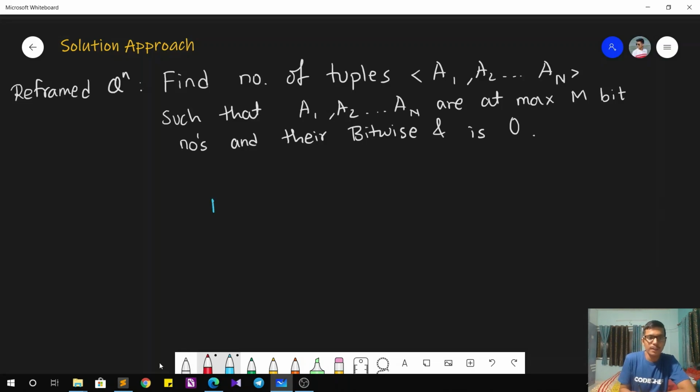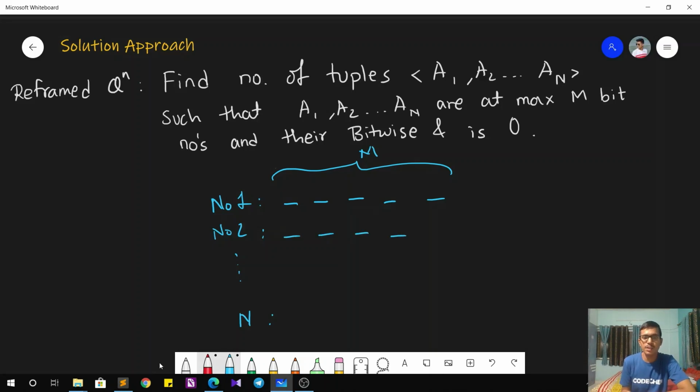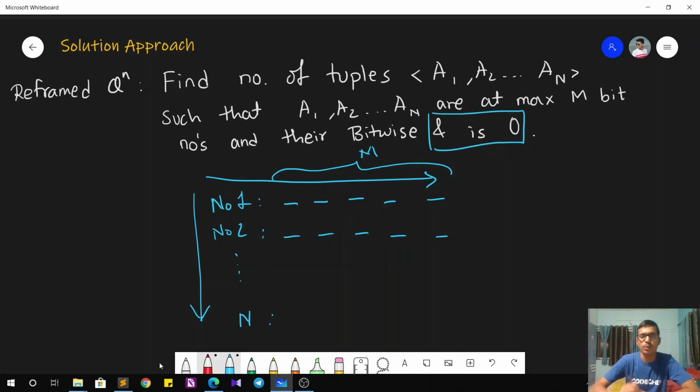So let's say this is number 1, this is number 2, and I have a total of n numbers. Now each number is an m bit number, so 1, 2, 3, 4, a total of m bits. Each number is of the same form, having m bits. So like this we have a total of n numbers, each having m bits, and the main condition is that their bitwise AND is 0.